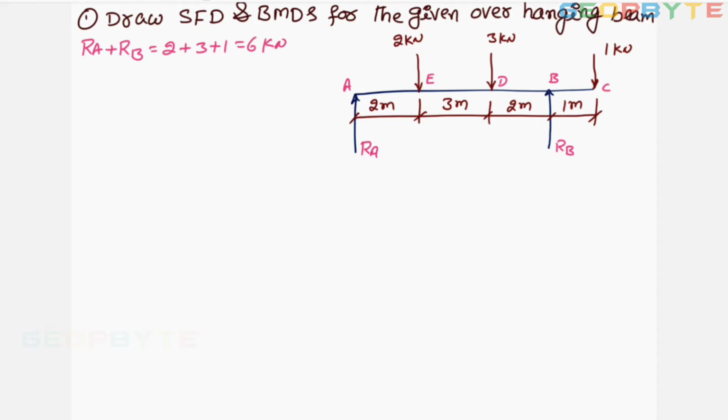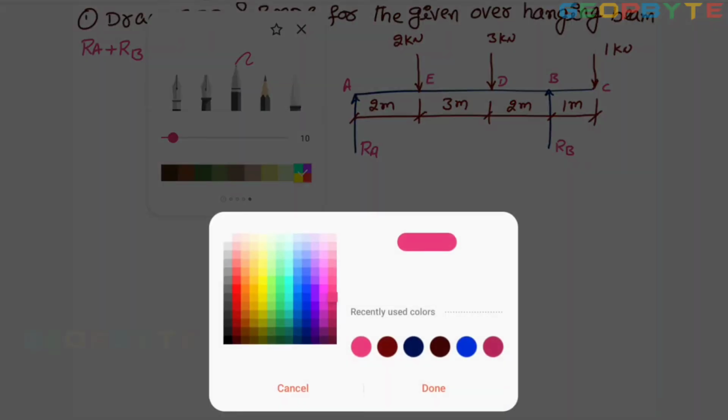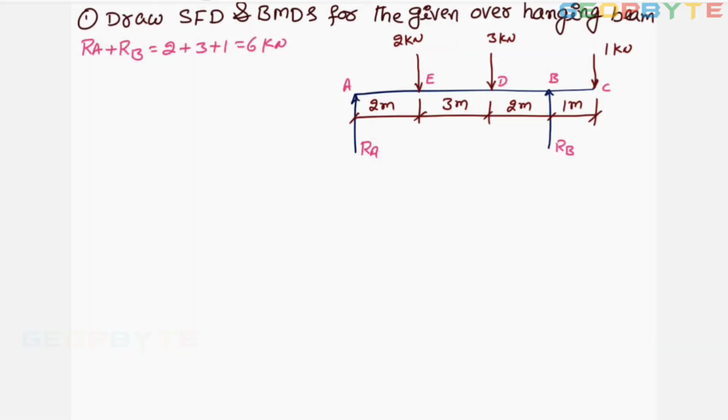Next, taking moments about A. You can take the moments about either A or B. With respect to A, RB is developing an anti-clockwise moment.